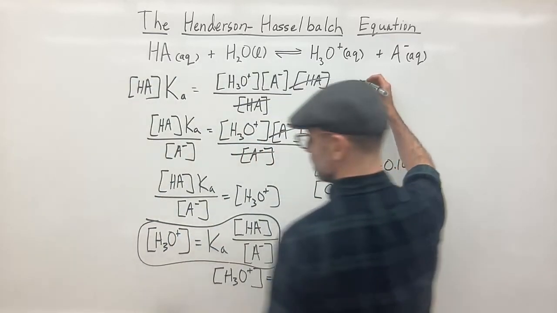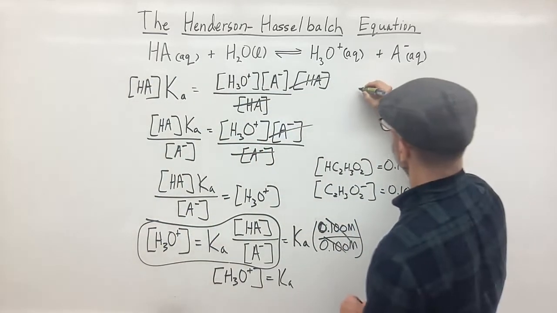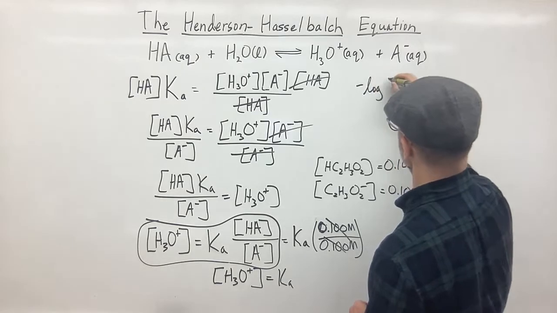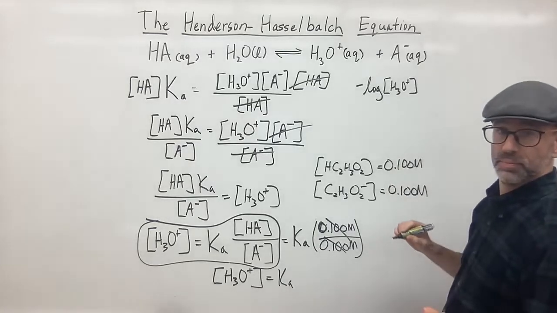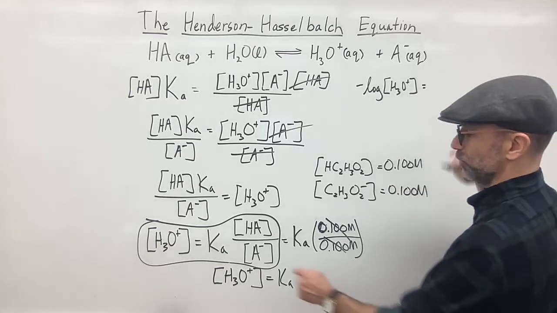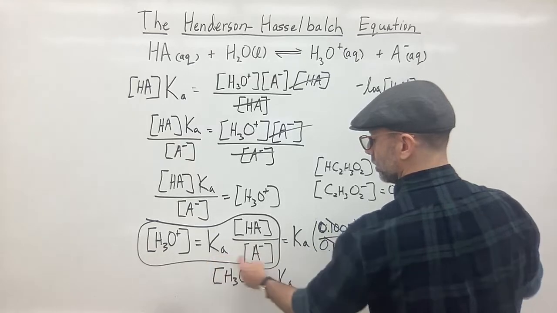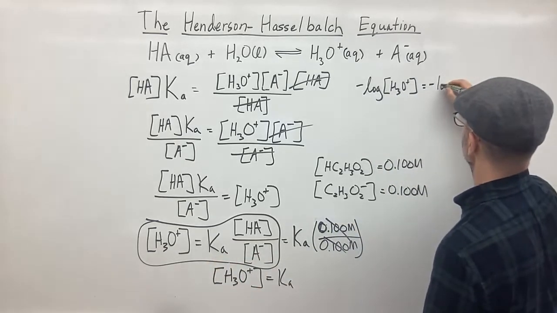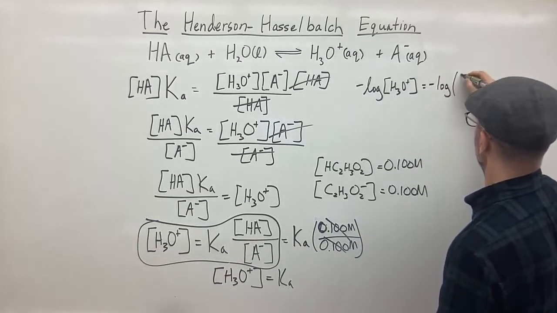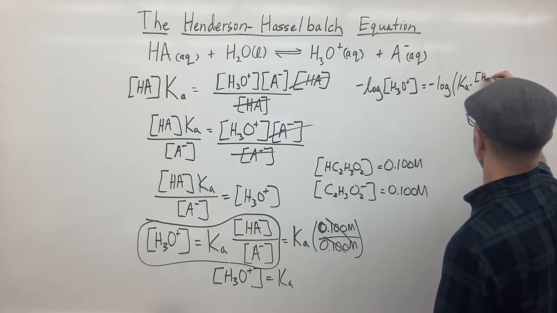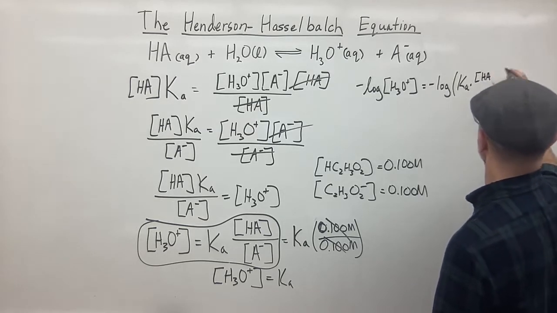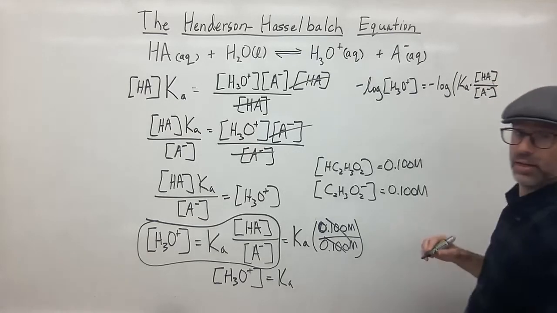So here, I'm going to take the negative log of the H3O plus concentration, and then that's going to be equal to the negative log of this whole thing, Ka, multiplied by the HA concentration over the A minus concentration.